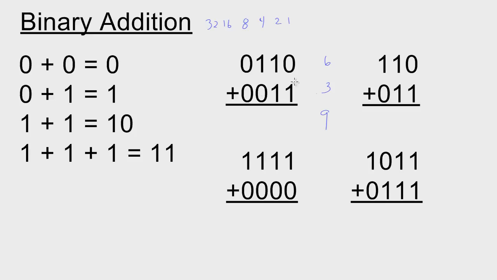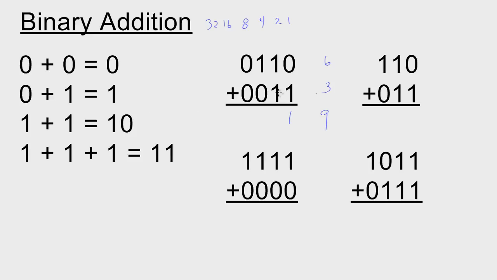So for this first example here, working from right to left, again, noting the places here, we can see that this is a 6 and this is a 3. So our answer should be 9. So we have 0 and a 1, and according to our table here, that's going to be a 1. No carry.